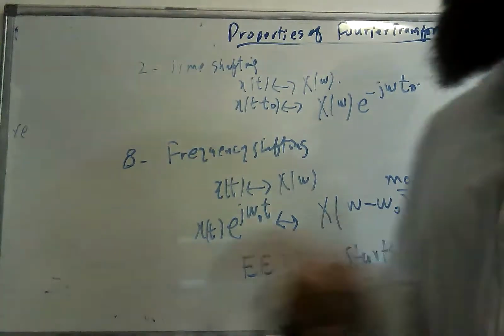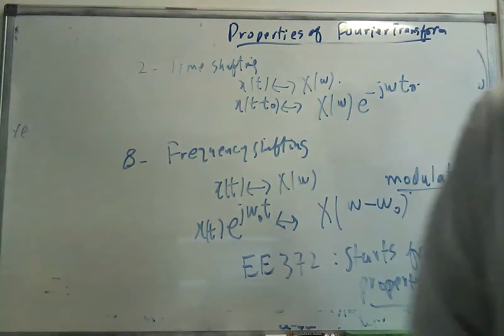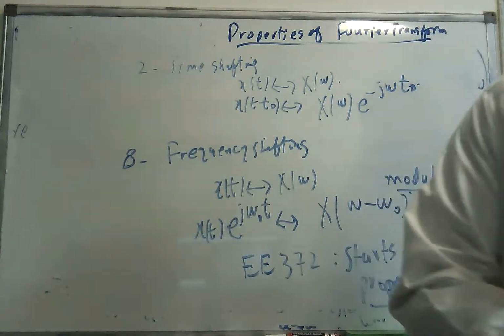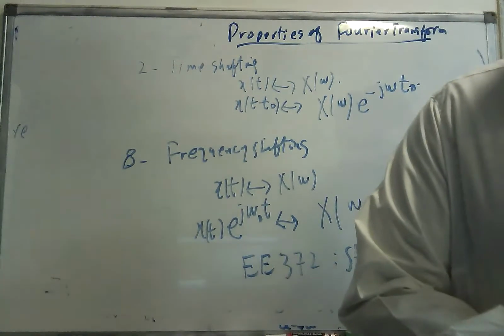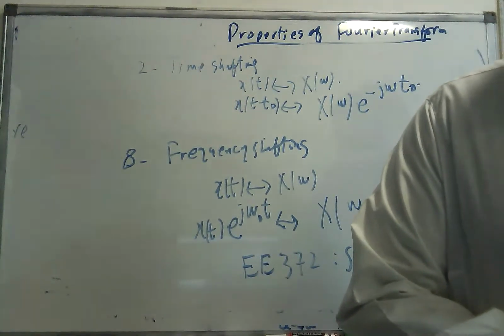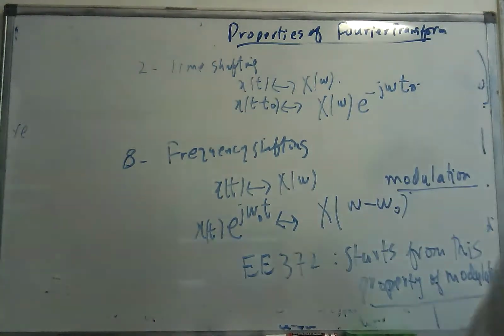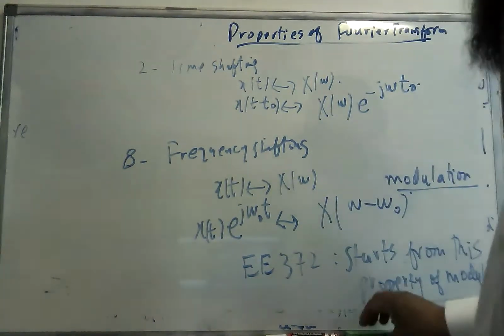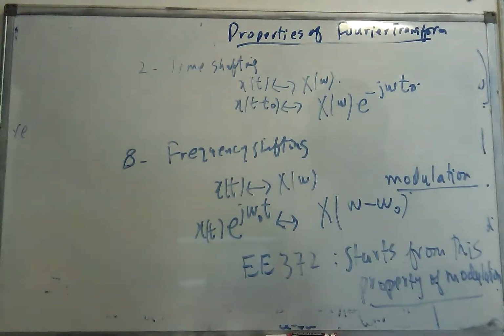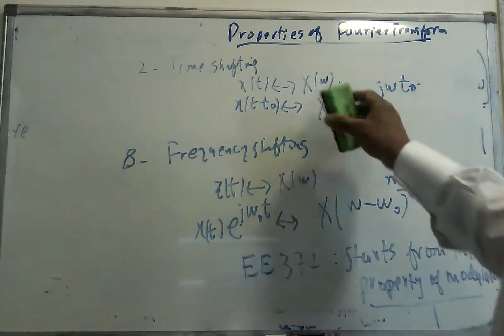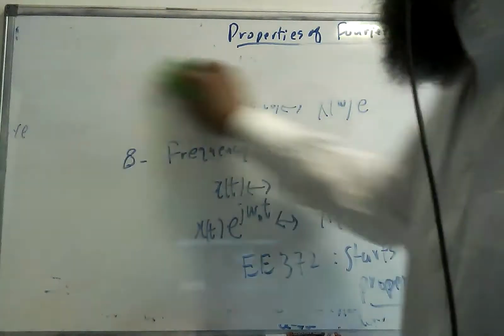Okay, now let us do one example, and it will clear many things about this property. That example is when we multiply a function by cosine. Let us do this very simple example.